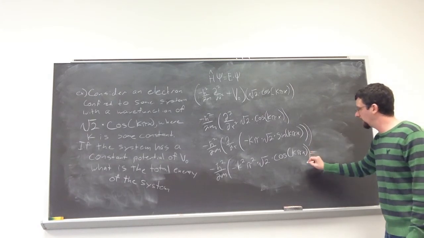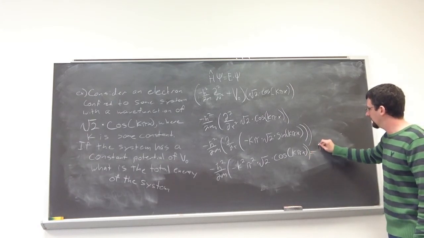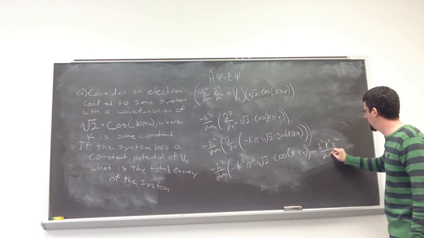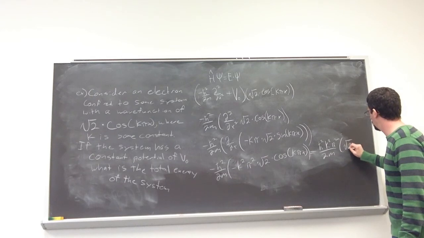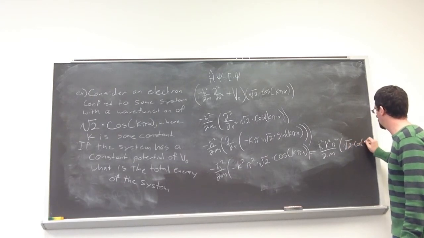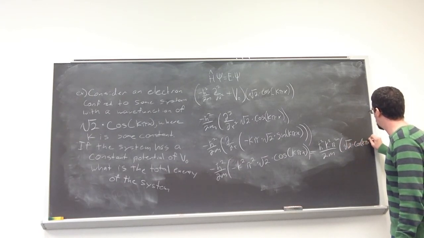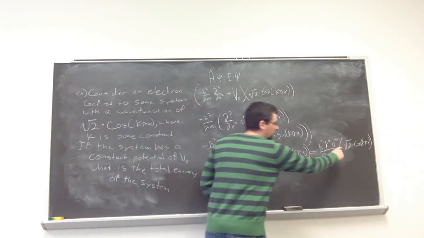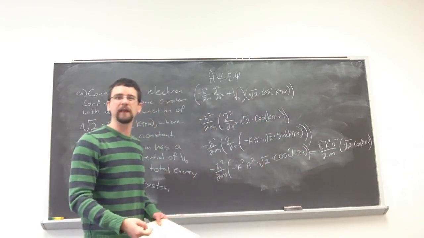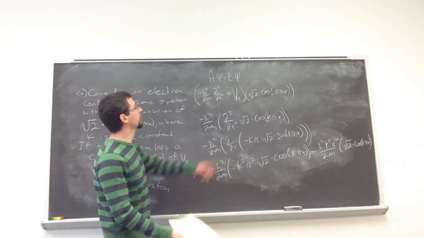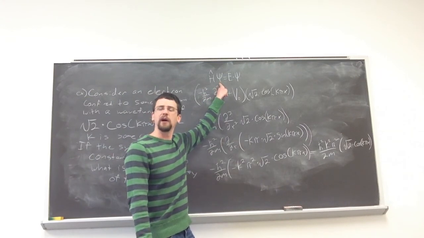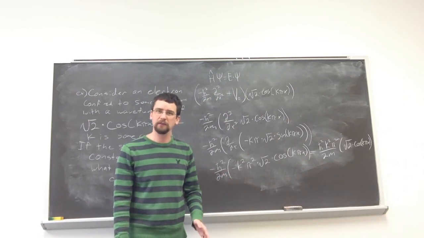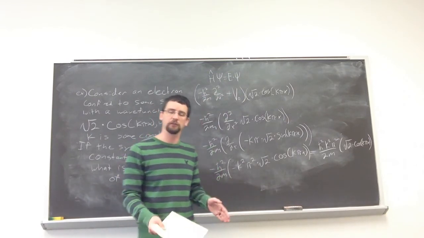Simplifying this a bit further, we get h bar squared k squared pi squared over 2m, square root of 2 times cosine k pi x. You might be asking, why am I leaving the square root of 2 out here? Why am I not incorporating that in? Remember, we have to get the original wave function out from our original equation, or else we don't have an eigenvalue, eigenfunction problem.